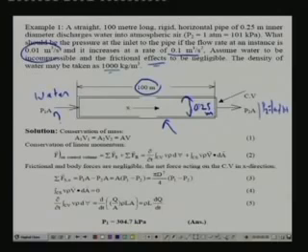So first what we do is we apply the conservation of mass. Even though here the flow is not steady, since we have a rigid horizontal pipe, and the water is incompressible, the mass of the control volume cannot change, because the volume of the control volume is constant. So the amount of mass within the control volume is constant at any given instant, so it does not change with time.